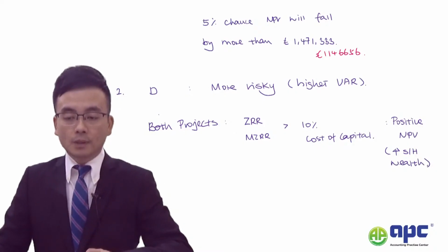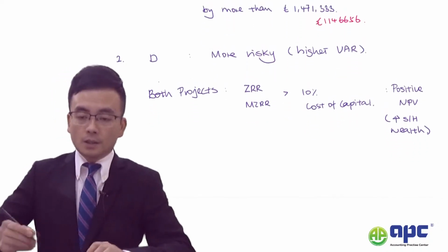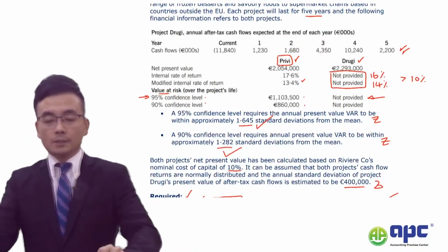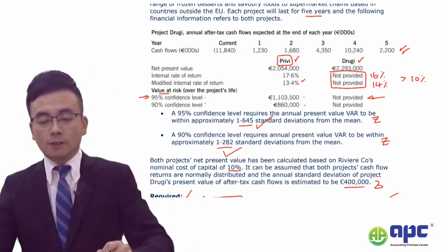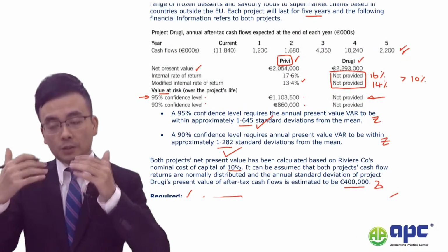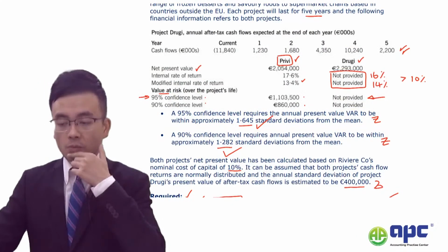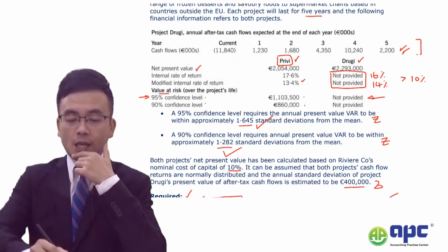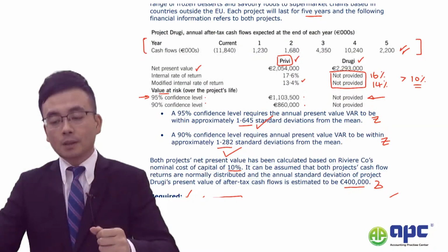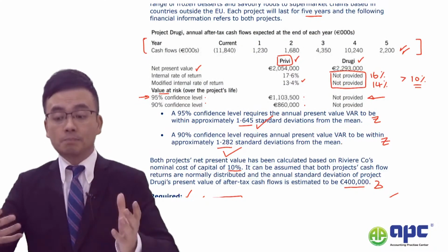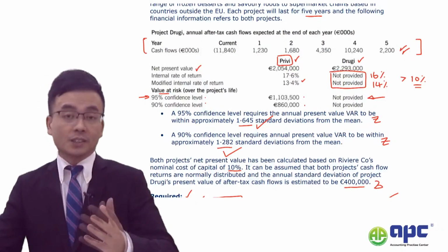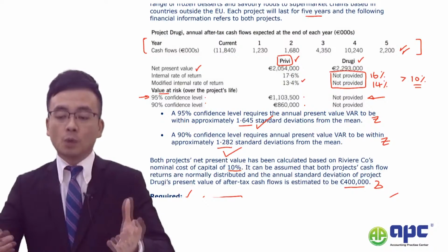But it seems to me that when we are arriving at the NPV calculation, we can also challenge that, because we will be discounting the cash flows using the same discount rate of 10%. But since both projects have different risks, the discount rate should be different from one project to another.